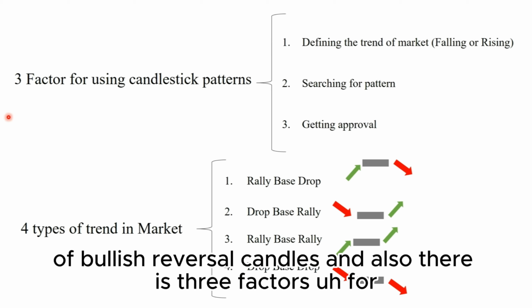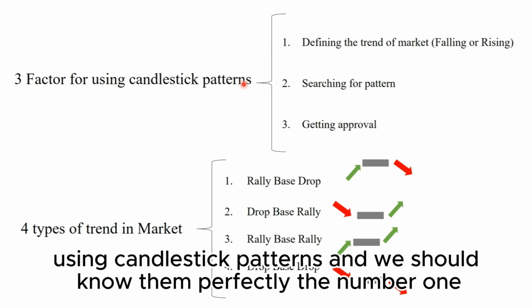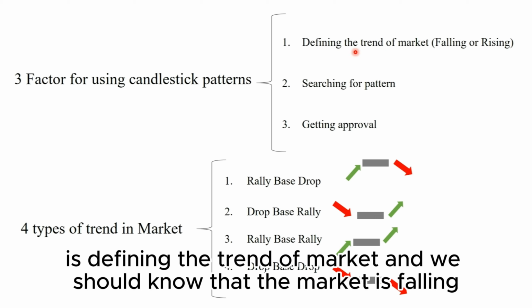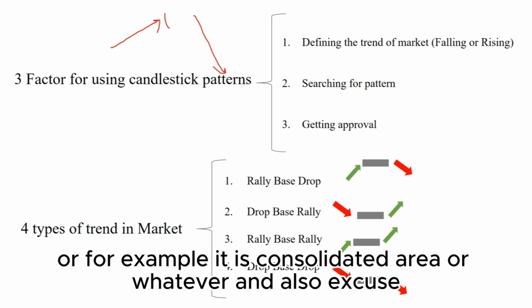Also, there are two factors for using candlestick patterns, and we should know them perfectly. Number one is defining the trend of the market. We should know whether the market is falling or rising, whether it is in an uptrend or downtrend, or, for example, in a consolidated area or whatever.